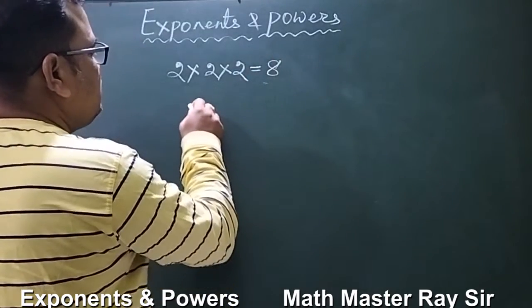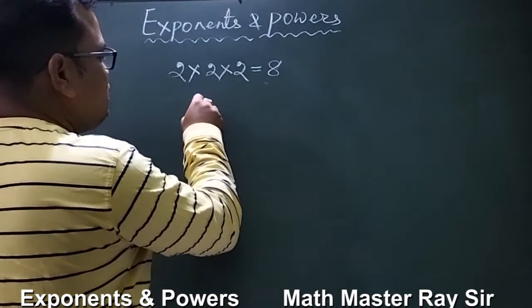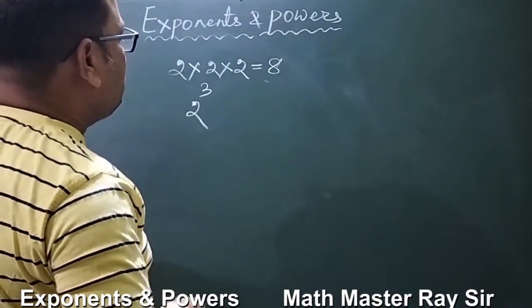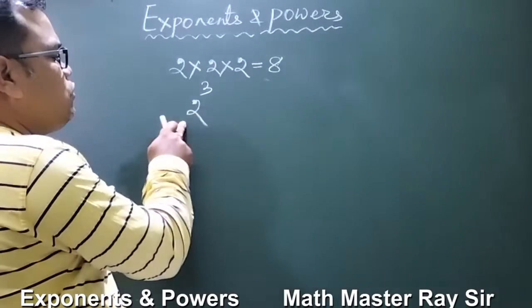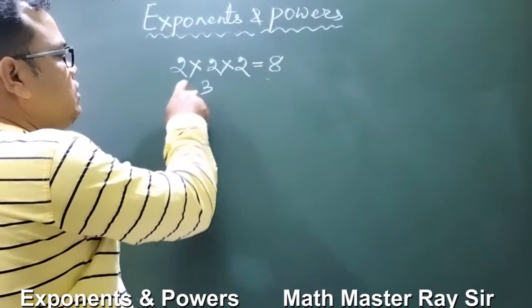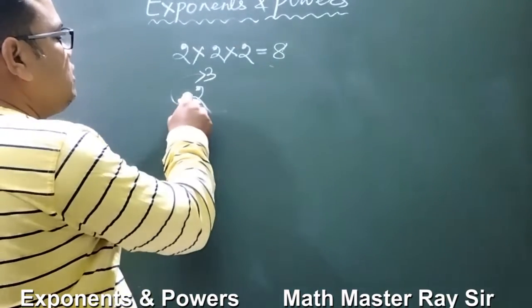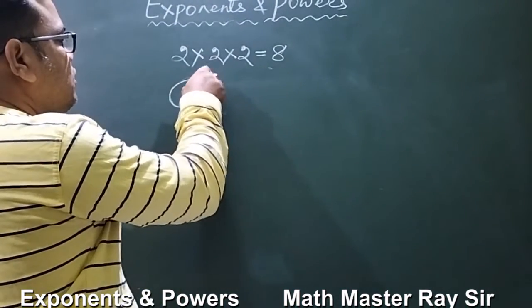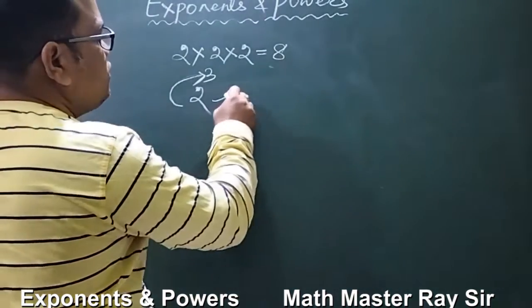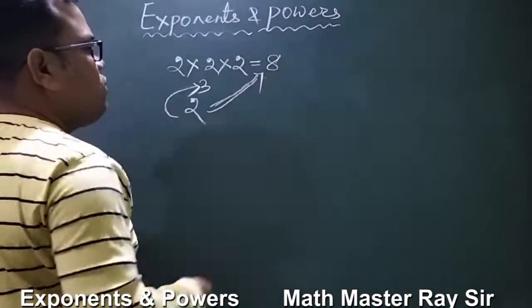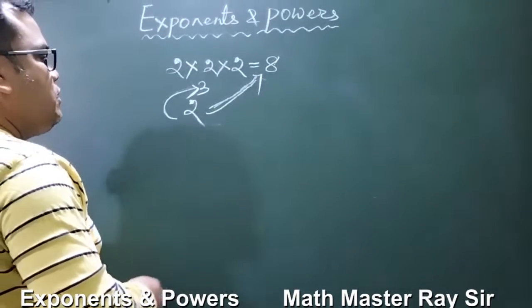We can write it in the exponential form like this, 2 to the power 3. This means 2 is multiplied 3 times. Hence, the result of 2 to the power 3 will also be equal to 8.